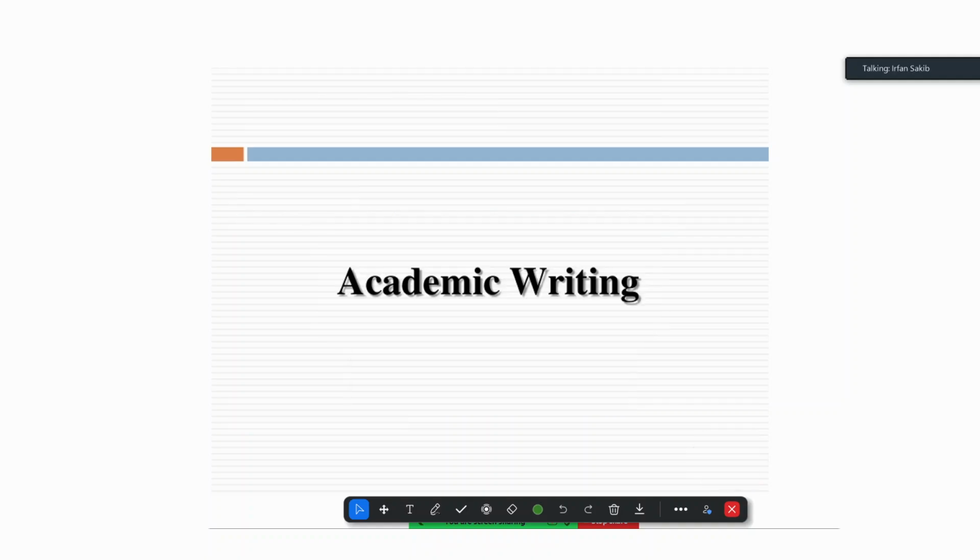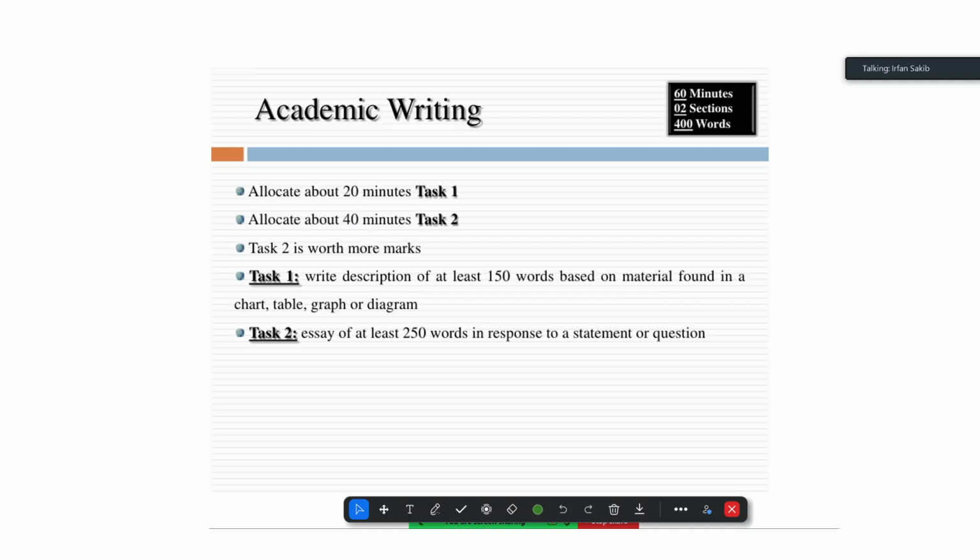Now we will move on to academic writing. Any questions in the reading module? No. Okay. So please start by telling me what's the total time, the sections, and how much do we need to write in academic writing? I think it says 20 minutes on the first task, right?